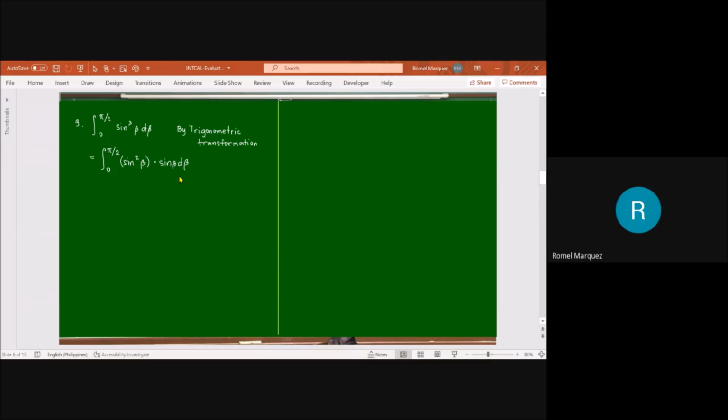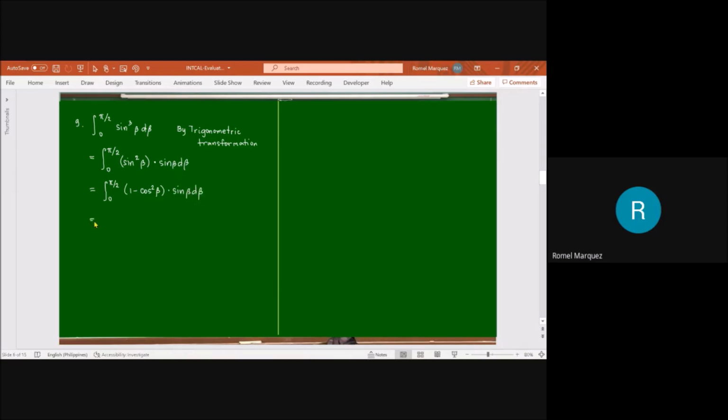So we have to transform this sine squared into 1 minus cosine squared. So 0 to pi/2. Notice that I did not change variable, so that is the reason why I retain 0 to pi/2. So we now have 1 minus cosine squared beta, the transformation that we're going to do for sine squared, which is its identity, times sine beta d beta.